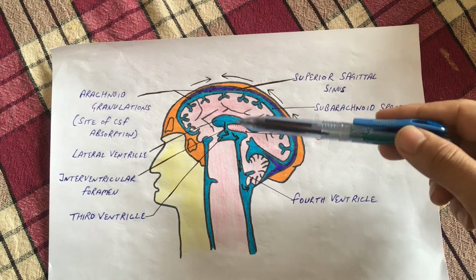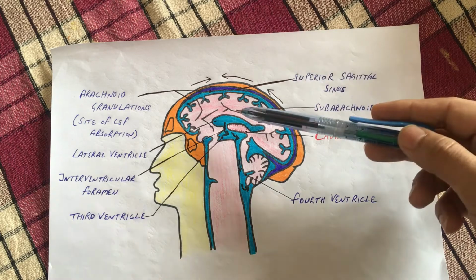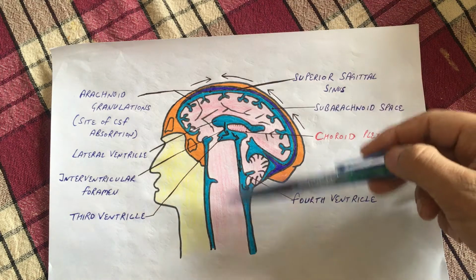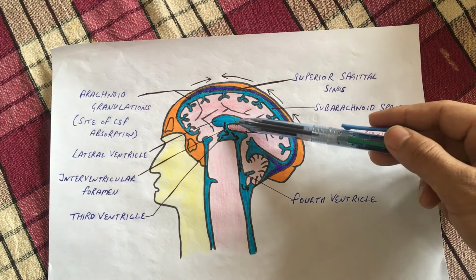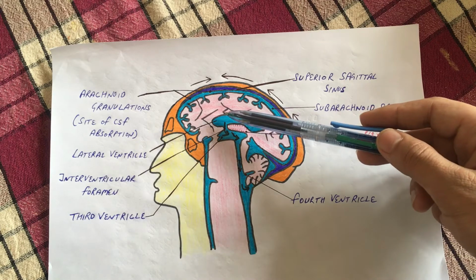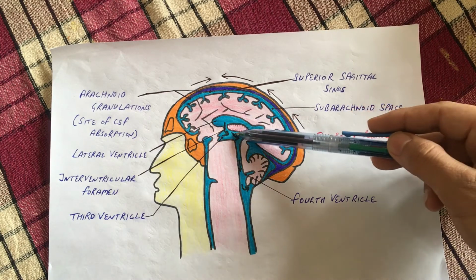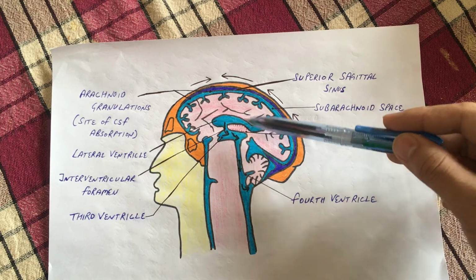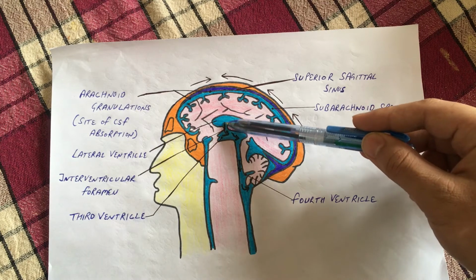Now coming to the circulation of the CSF. Each lateral ventricle of the brain secretes the CSF. This is the sagittal section which I have made. On both sides, the lateral ventricles of the brain secrete the CSF. From the lateral ventricles, it goes into the third ventricle. This is the lateral ventricle, this is the third ventricle, and this is the interventricular foramen.